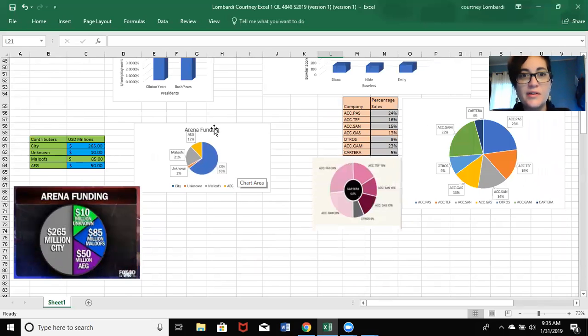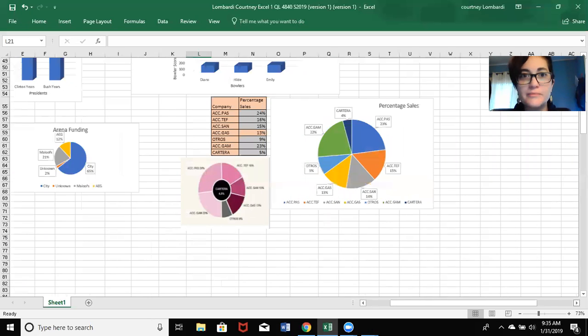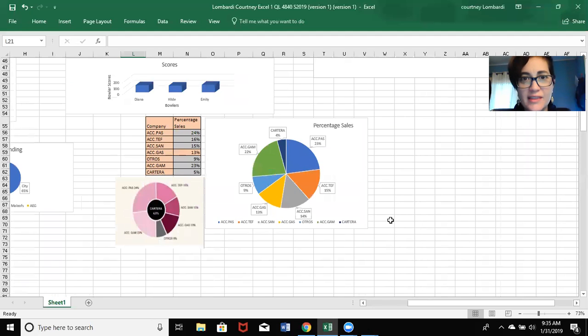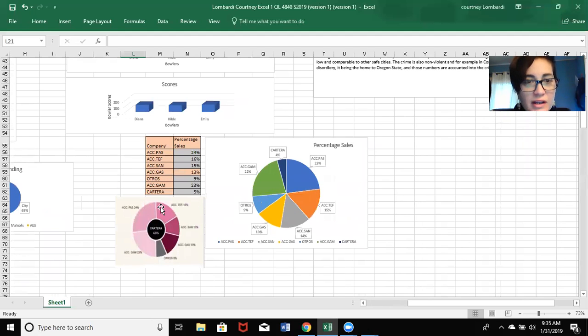When you really do an accurate pie chart, the city takes more than half because they've contributed more than half. So let's be fair to people when we're doing these kinds of things. Let's give them the credit that they deserve.